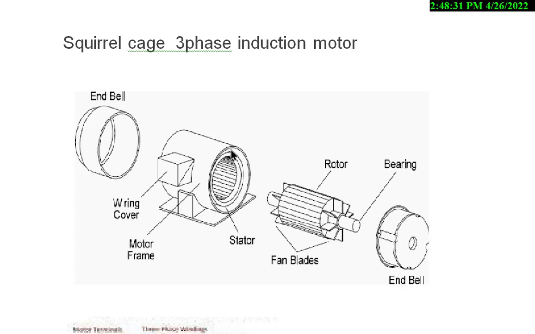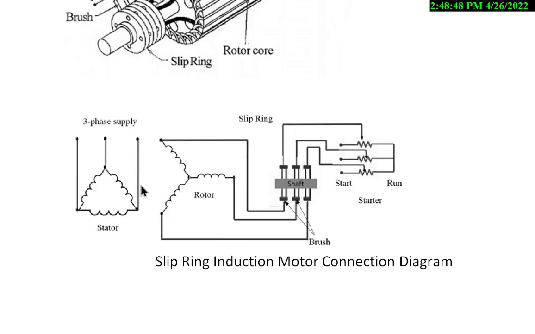The same stator can also be used for the slip ring induction motor. So the three-phase stator winding, which is connected in delta form, is drawn like this, and these terminals will be connected to the three-phase supply.